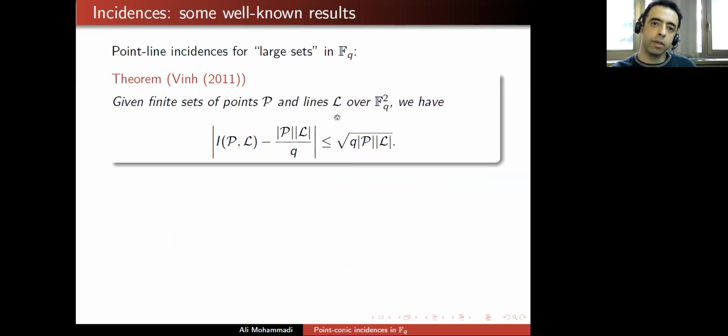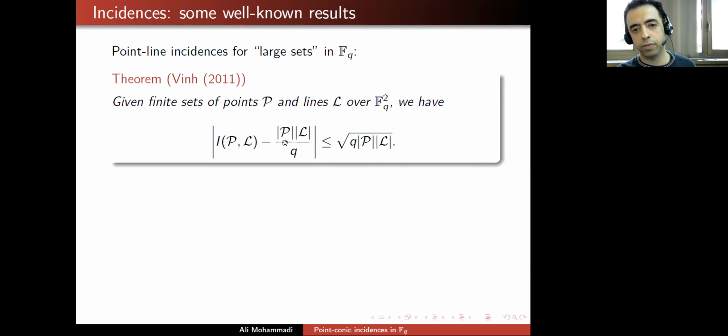And also there are other results by Vinh in 2011. This thing works only for large sets. So you can check, and it only becomes non-trivial when P and L are of size larger than q. And also it's worth noting that this thing is around the expected average. So a single line occupies around 1 on q of your whole plane.